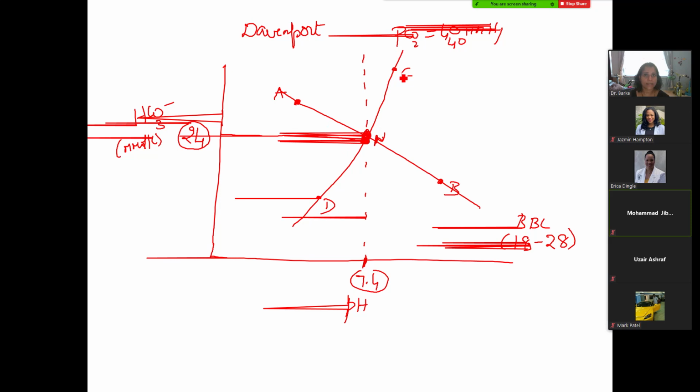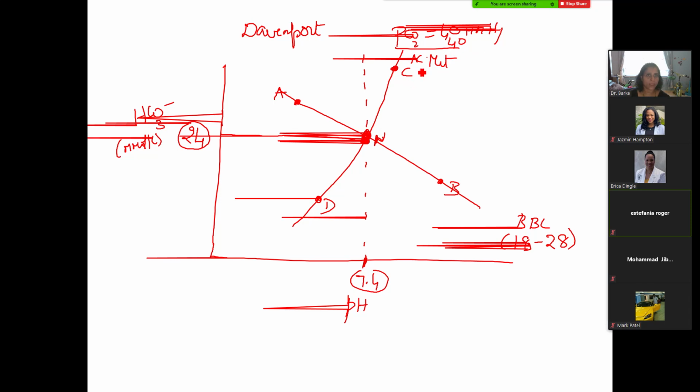So let's see points C and D. They are on the carbon dioxide 40 line, so that tells you that carbon dioxide is not the problem there. Any point on the carbon dioxide 40 line has to be a metabolic disturbance. C would be acute, because the CO2 has not yet compensated.